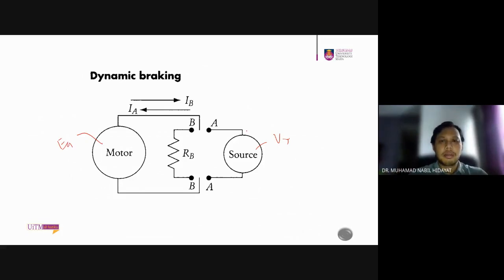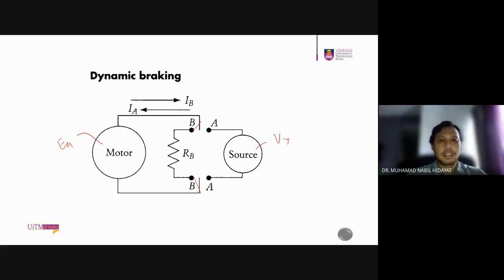If it's in motoring mode, it will connect to A. So you have your motor connected to the source, so it will be a normal motoring mode. When you want to brake it, you disconnect A and then connect it to B, so it will connect to the resistors.